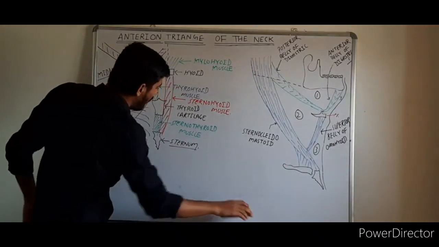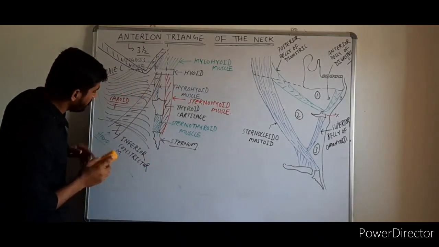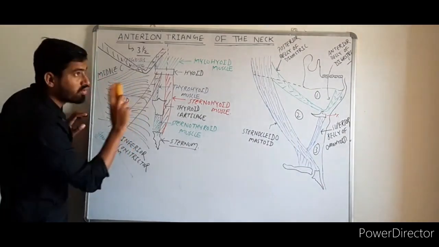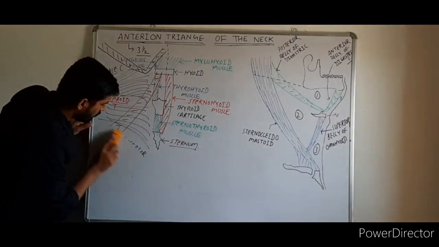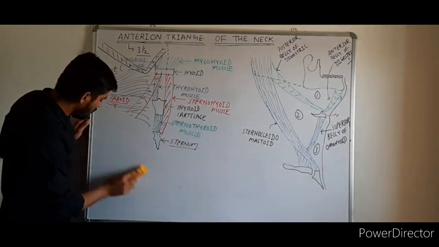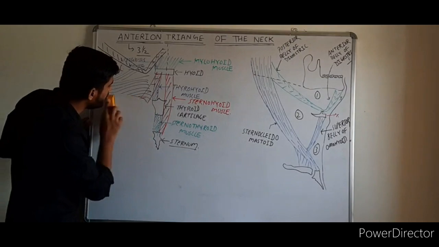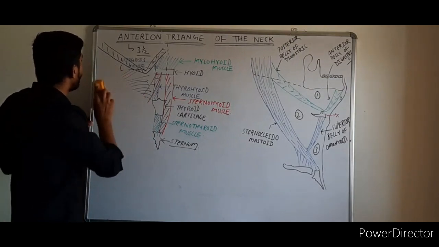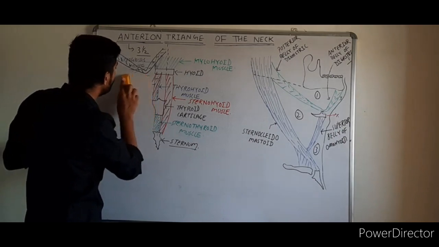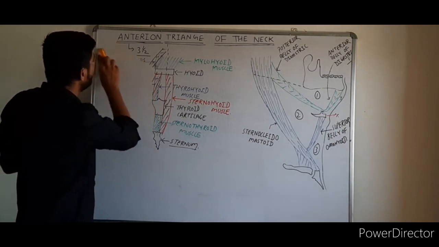It's all about how to write the floor. I hope you all have come to know how to write the floor of every triangle. Now, one thing we have to discuss here.